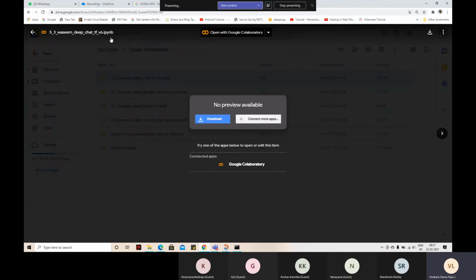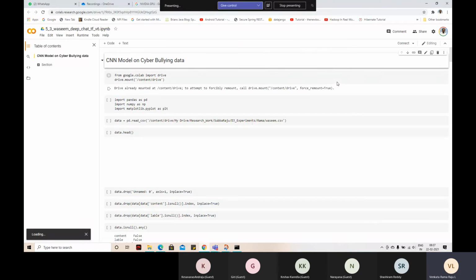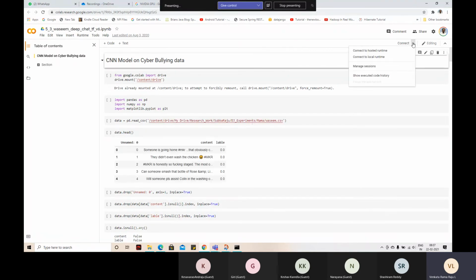When you double click on an IPython notebook and open it with Google Colaboratory, it will allocate a GPU here. We can actually ask for a GPU also, but there will be limited time. In a month, you can use maybe 20 to 40 hours, I think. I don't really remember.